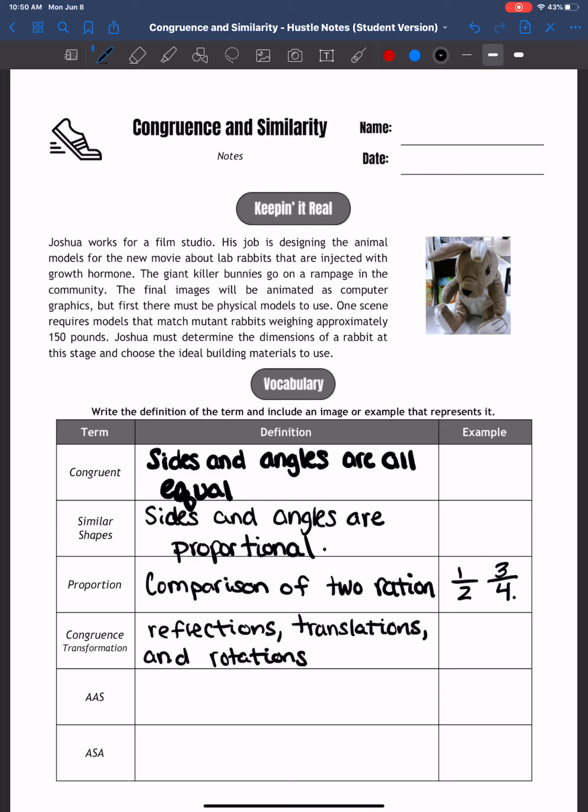So, AAS is a kind of way to compare your shapes, right?